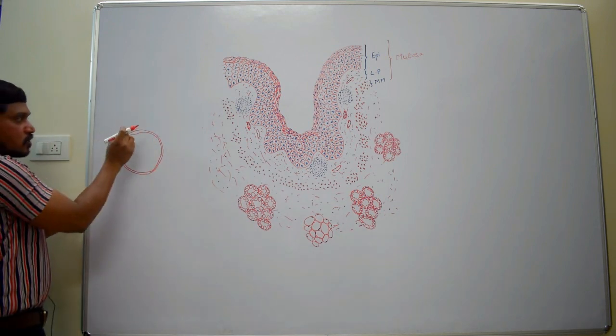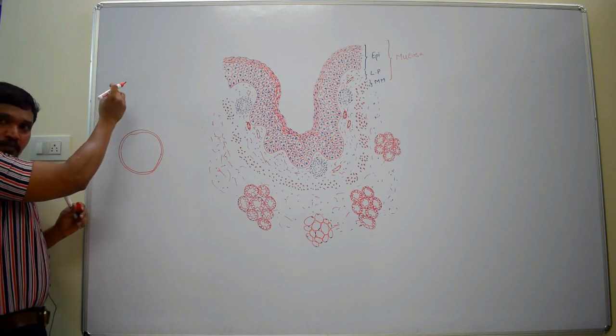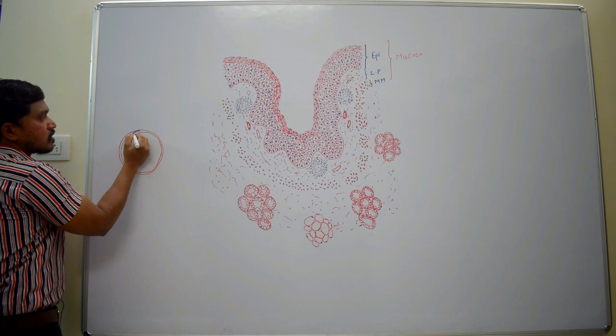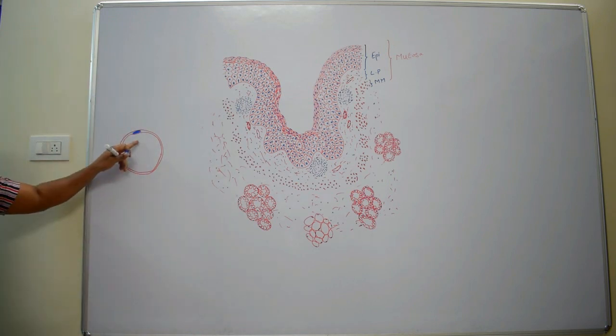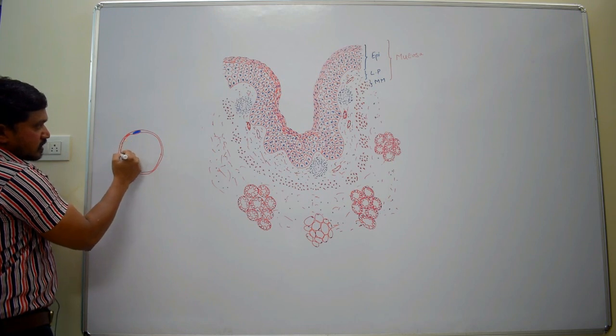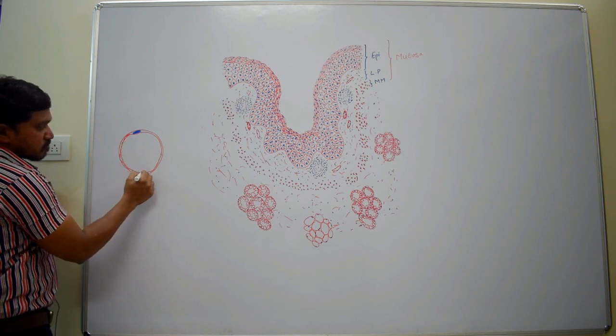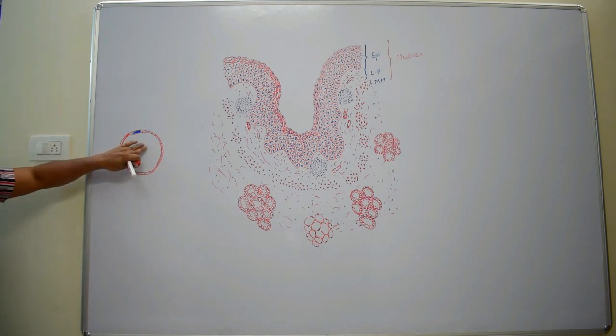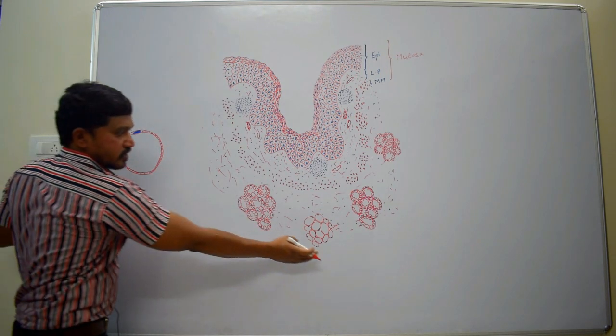Because of that, the nucleus is pushed towards the periphery and it is oval. So this is the nucleus of the adipose cell. And here is the cytoplasm. There will be a thin rim of cytoplasm present around the fat droplet. So this is the structure of an adipocyte. Like these cells I am drawing here.